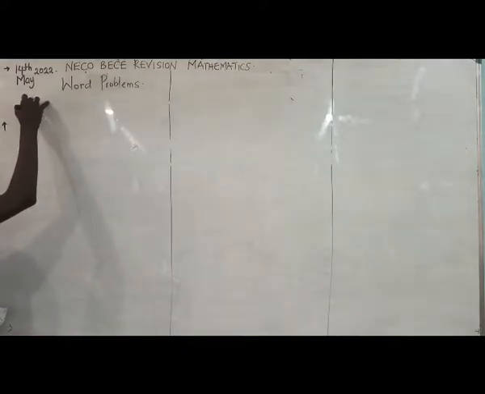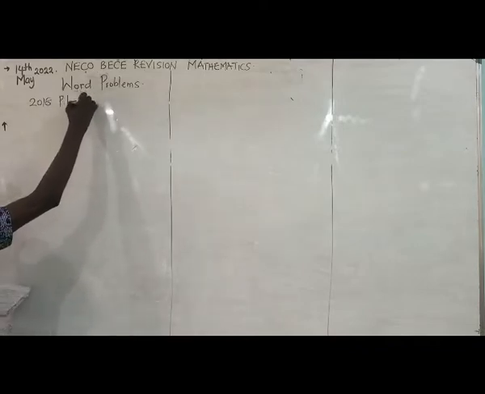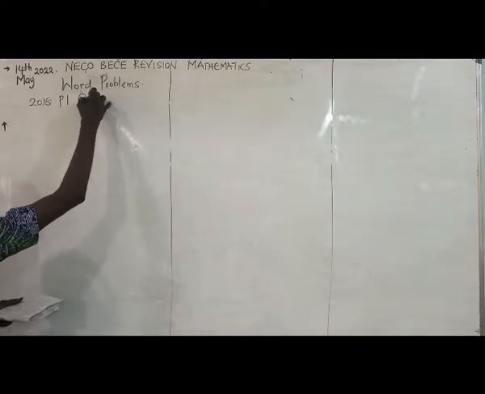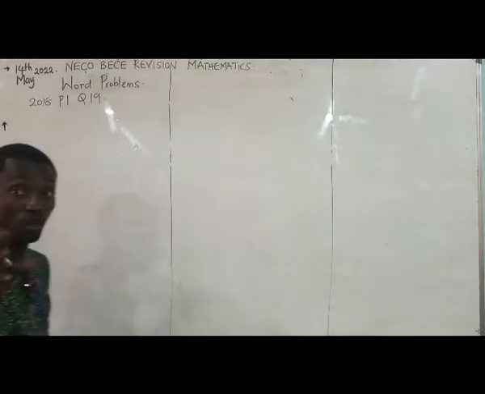Okay, so let's go to question 2018, paper 1, question 19. This is also one problem. It says, a man spent half of his salary on shoes. You need to be careful here, because sometimes they try to throw you off balance.